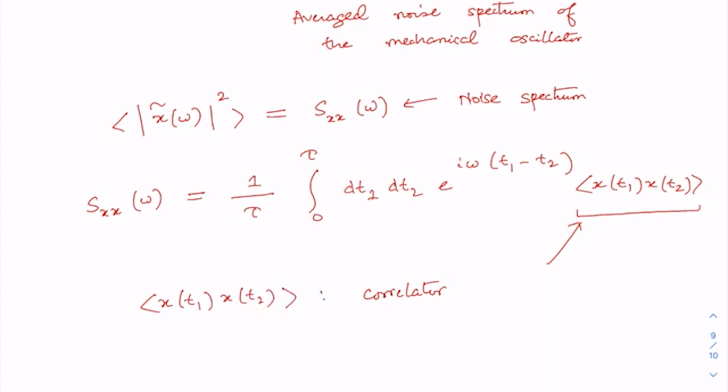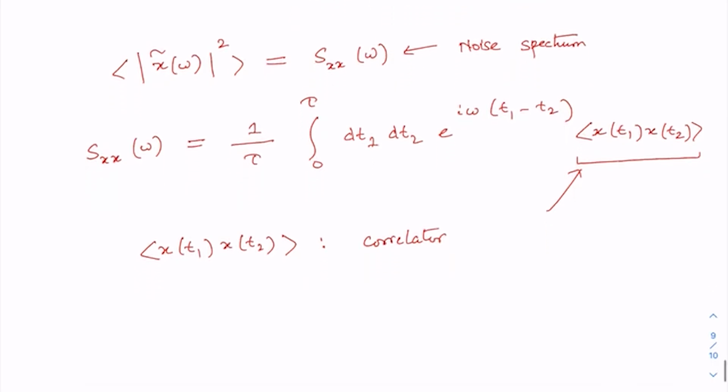This is known as the correlator or the correlation function, and it basically gives us information about the displacement of the oscillator at two different times. Now in the steady state, no point in time is special, and the correlator will depend only on the time difference.